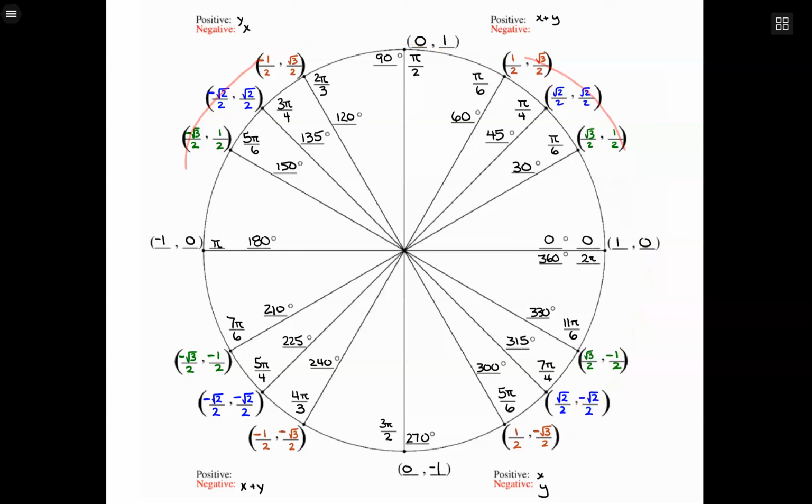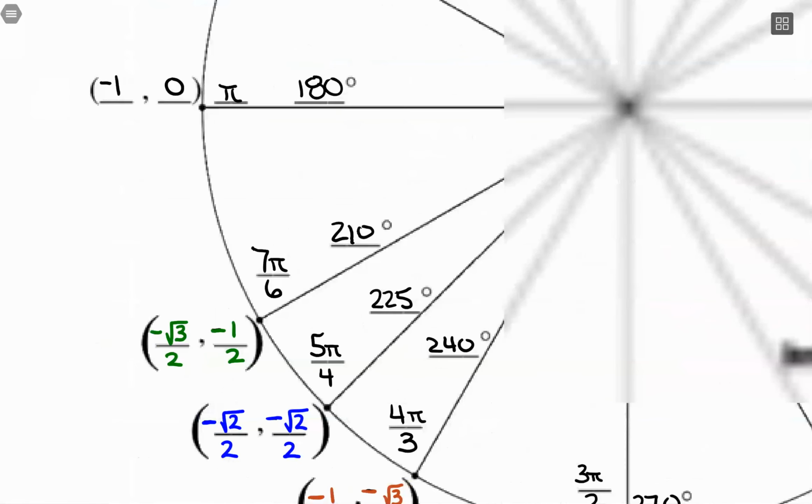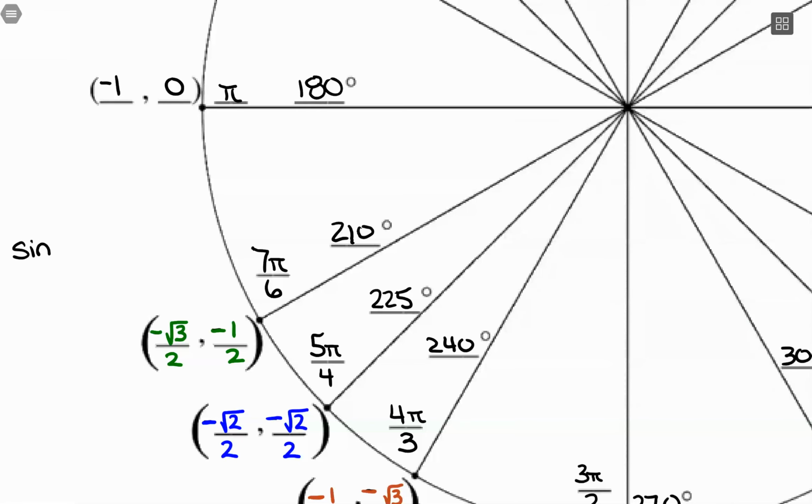So that, let's say I was at 210 degrees and I needed to know what sine of 210 degrees is, or I could even use the radian form. Let's say I wanted to know what cosine of 7 pi over 6 is. Well, we can use this unit circle as a reference, but I can use the idea of knowing where it lands within the circle and what sort of triangle it's making.